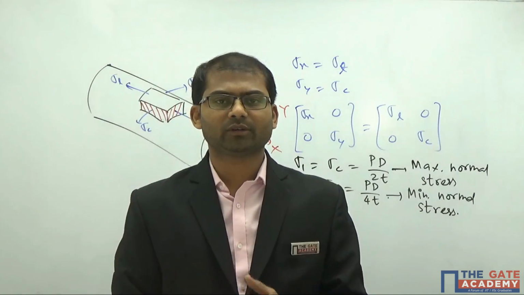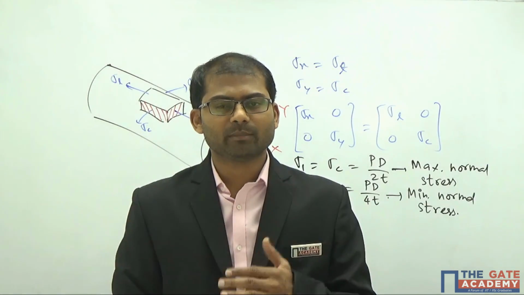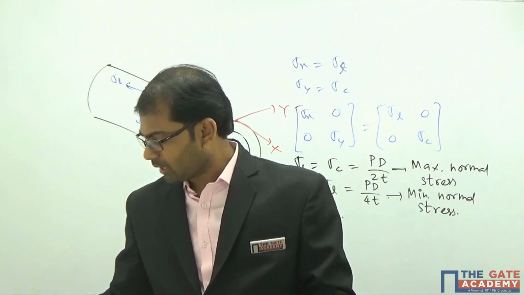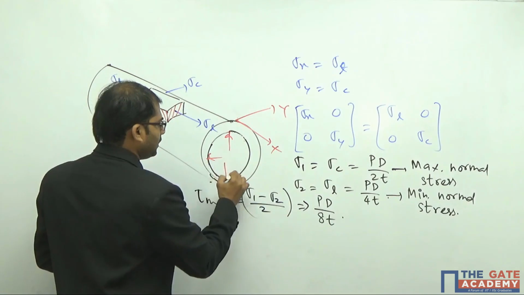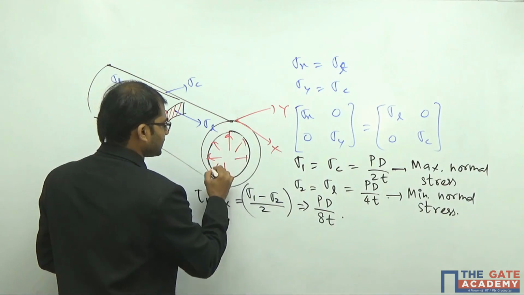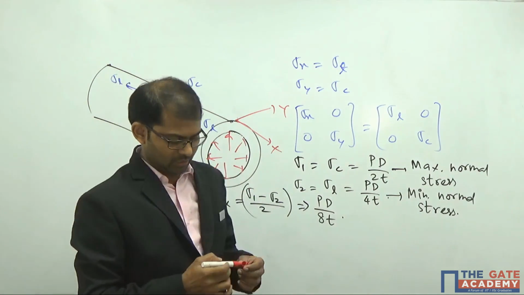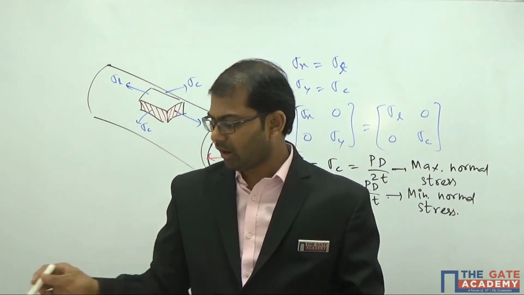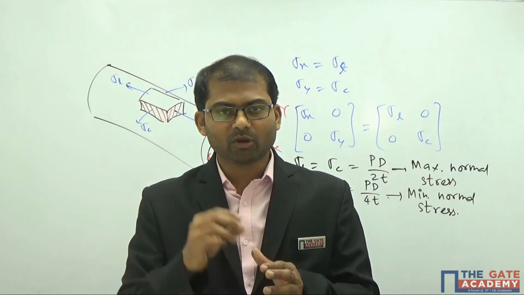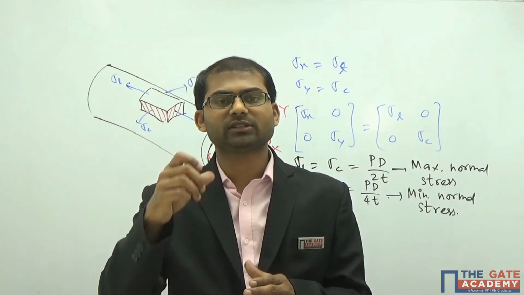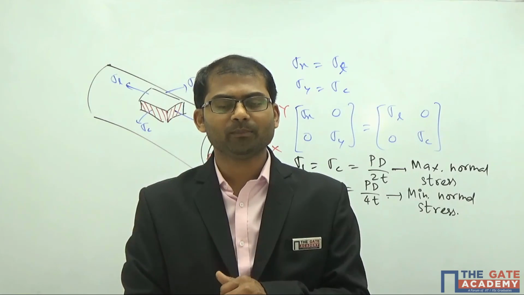Now here I would like to clear many misconceptions many people are having. Many people think that the thin cylinder is experiencing pressure in radial direction, so this pressure must create some stress in radial direction. That's actually wrong. Because we are considering this particular cylinder to be a very thin cylinder, the material along the thickness is very negligible.